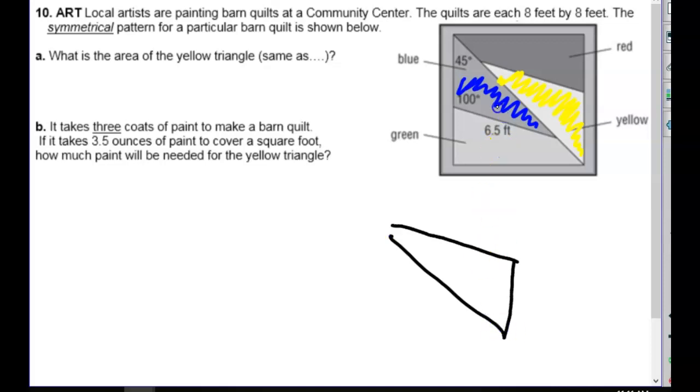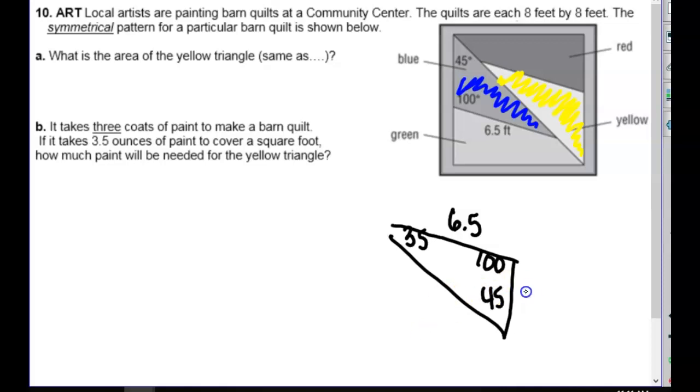It has a 45 here, I think, and 100 here, which would make 35 here. Does that work? I think so. And it has a side of 6.5 that would be next to the 100, so here. And we're supposed to find the area.